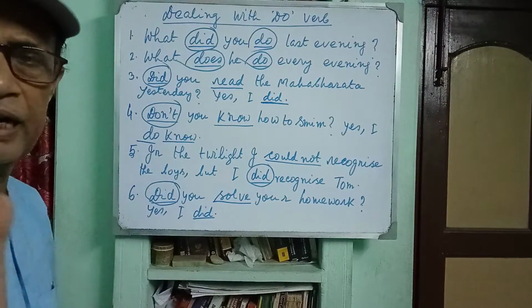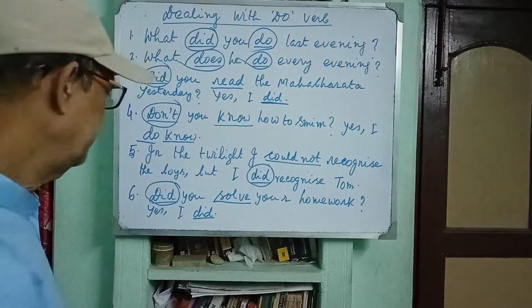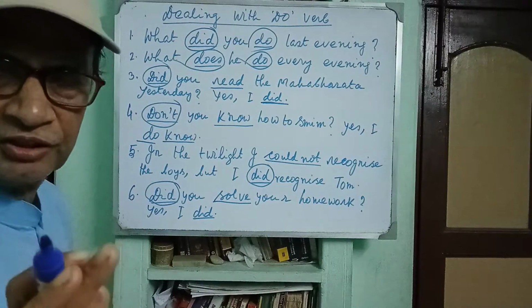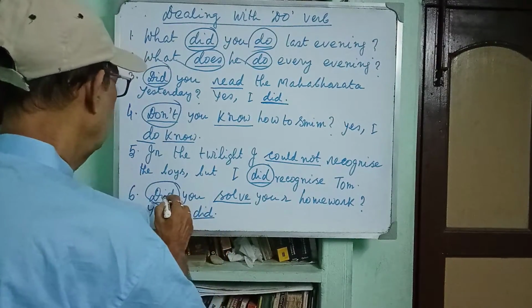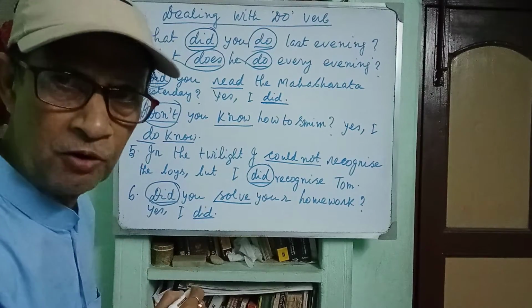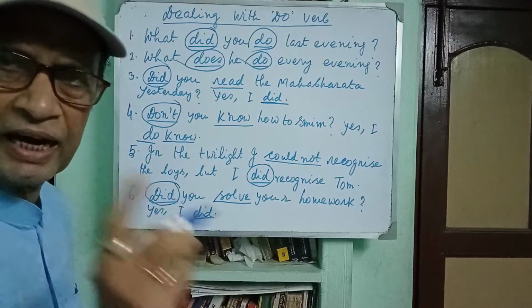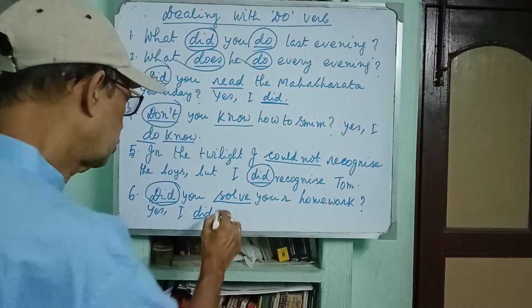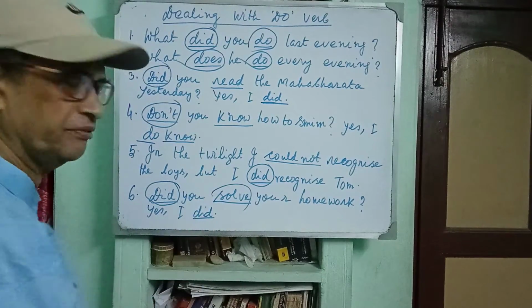So it is the past form of do, did, because it is in the past form, and when the auxiliary verb is in the past form, you know that the principal verb or the finite verb must be in the present form. Solve is the present form, and yes, I did.